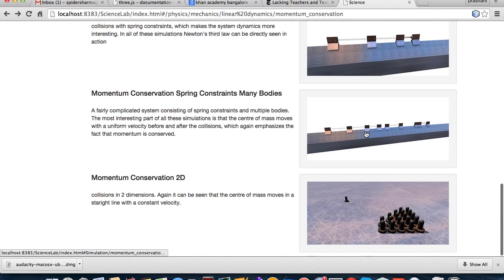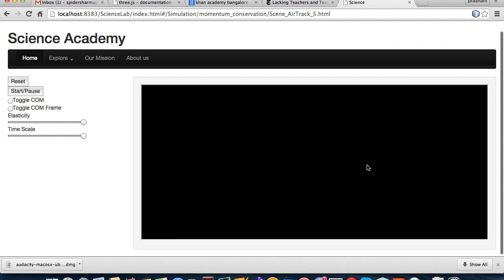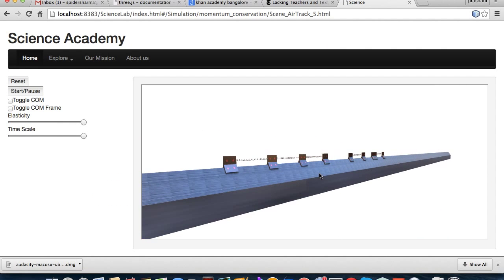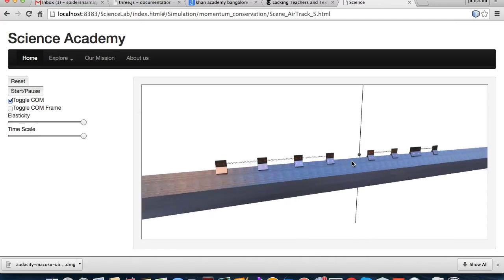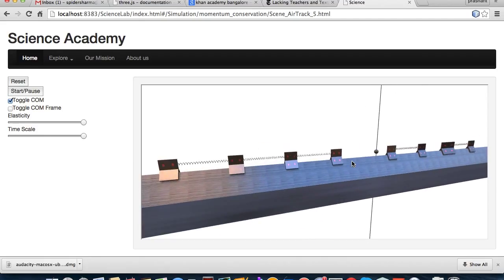And as a continuation of these 1D air track examples, as we see a more complicated example, here's the center of mass. You will see that the motion will become quite involved.